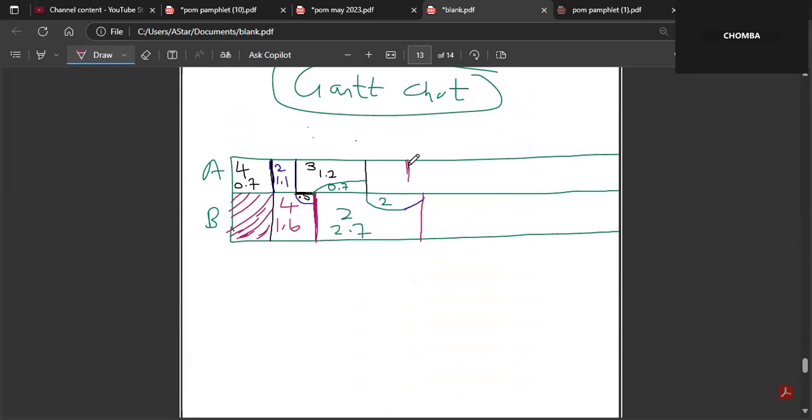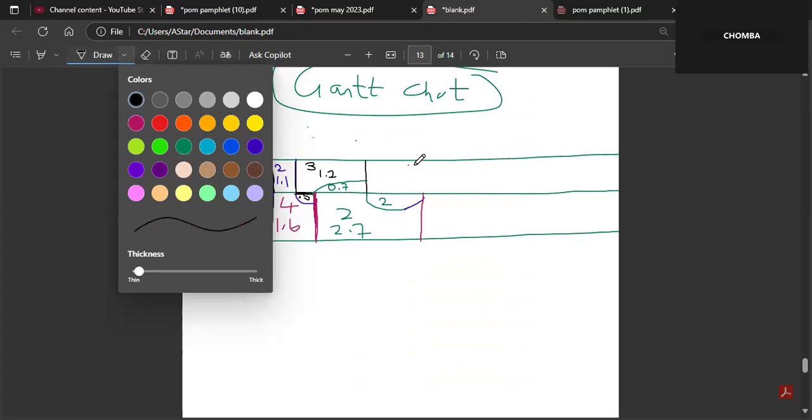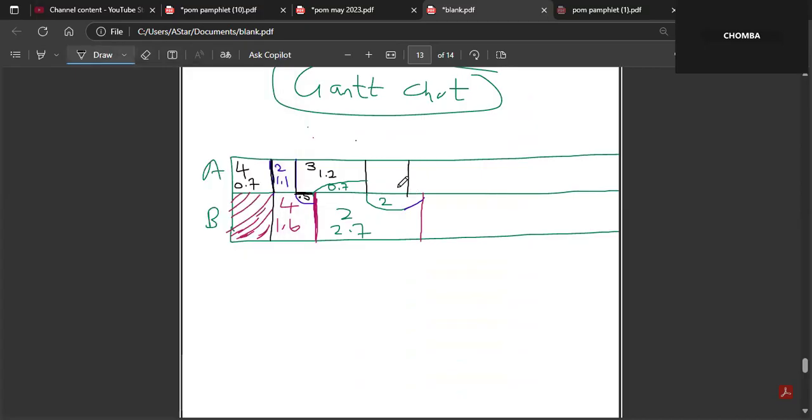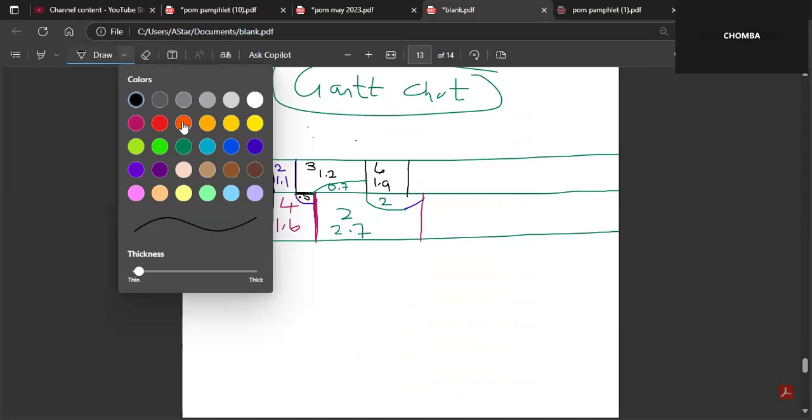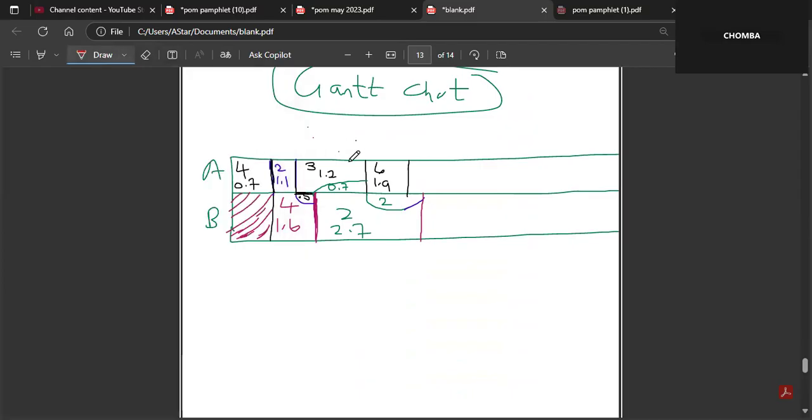So you can even come here and say 1.9 will be somewhere here. You can estimate. So this is job 6, 1.9, because from here up to here is 2, right?